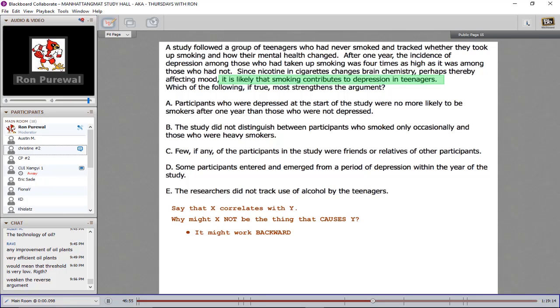Y might cause X. An example: heavier people have greater appetites, therefore a big appetite makes people gain weight.